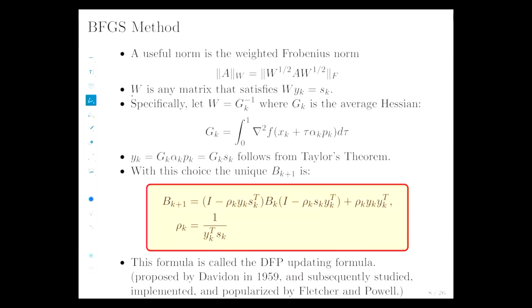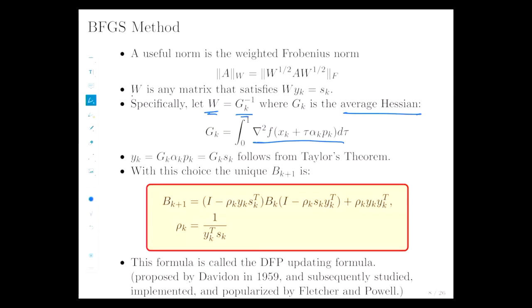Now, if we choose W to be this made-up matrix G inverse, and define G as the average Hessian, so we take the average variation of the Hessian between consecutive steps. So xk is where we are.